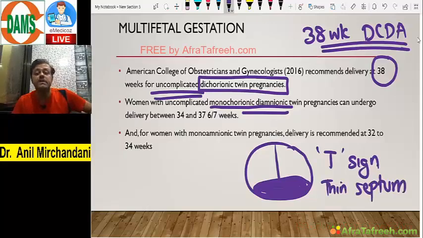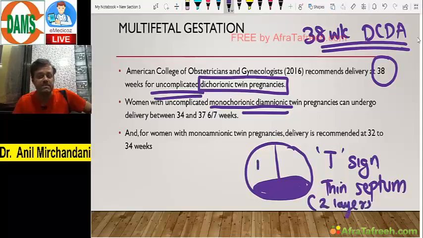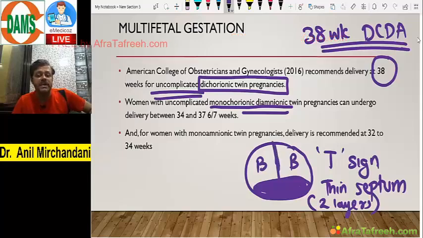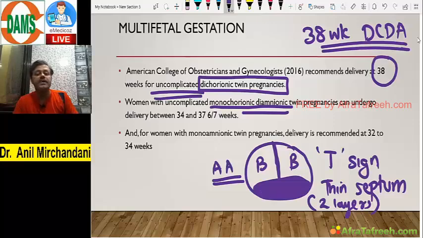T sign, thin septum would mean only two layers are present in between the two babies. Baby is here, and there is a two-layer thin septum present between the two babies, and the two layers are made by amnion. That is why it is called monochorionic diamniotic, MCDA. Are these monozygotic twins? Yes, of course.